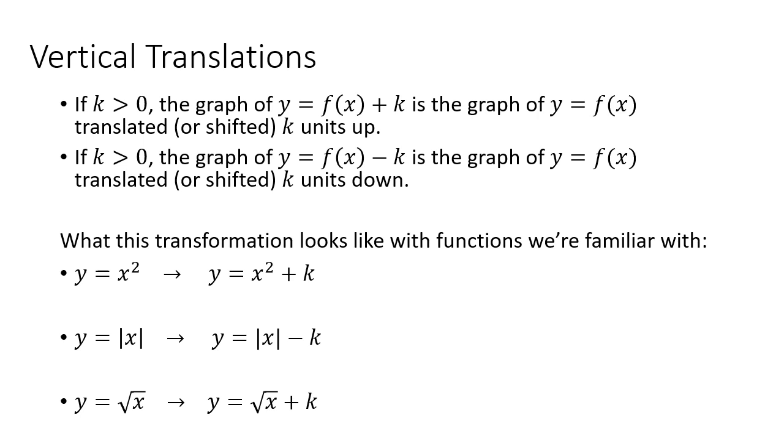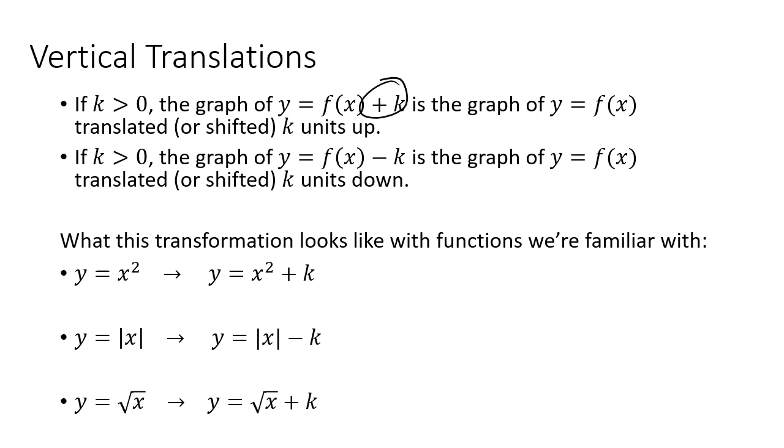All right, so if the h on the inside of the function is added or subtracted to the x value, so it shifts the graph left or right, then the k on the outside is added or subtracted to the original f of x. This is added or subtracted to the y values. And this one is much more straightforward because there is no flip sign.